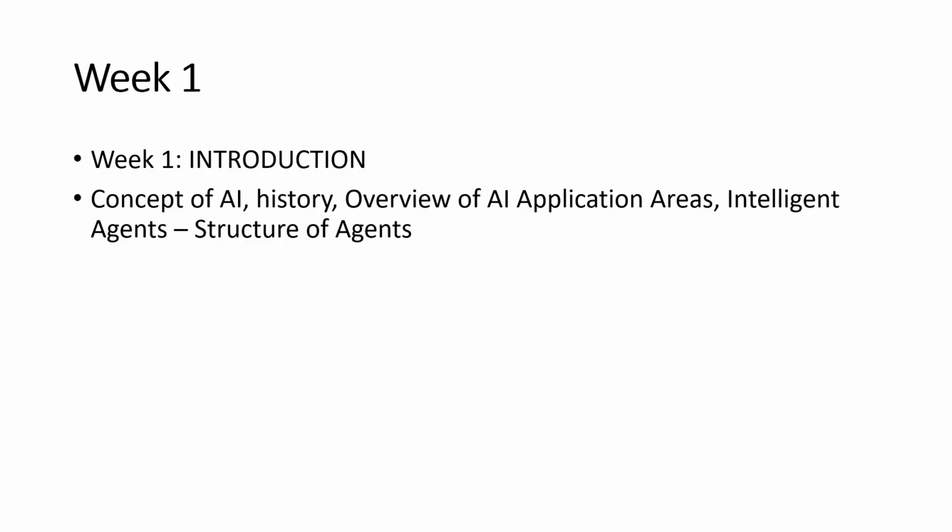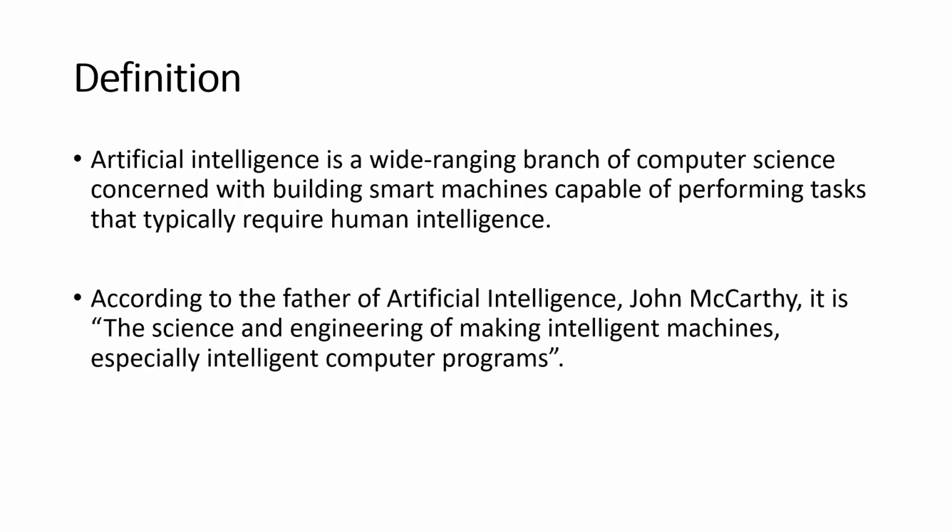And this is our week one topics: concepts of AI, history, overview of AI application areas, intelligent agents, and structure of agents. We can see the definition of AI. Artificial intelligence is a wide-ranging branch of computer science concerned with building smart machines capable of performing tasks that typically require human intelligence.